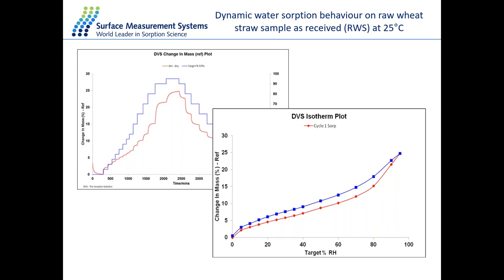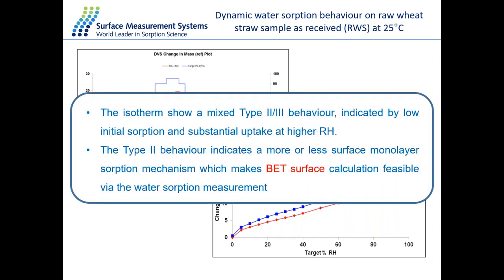If you translate it to a value of energy, it means that the water prefers to stay inside the sample rather than outside the sample while the sample is wet, which means that I have to go to a lower level of humidity, let's say 40 or 30%, to get the same level of mass that I would get during the absorption cycle, just because the material has a high affinity for water.